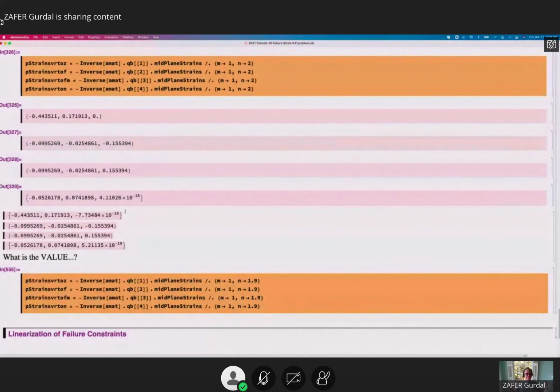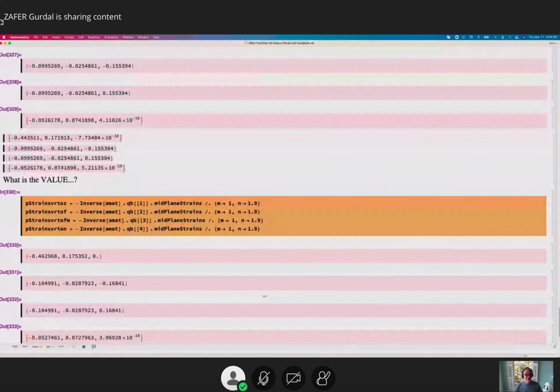So what's the value of what I do with these m's and n's? That is when m and n is not an integer value. In fact, I can compute the derivatives of the strains for, say, n equals 1.9 instead of 2. The traditional way will not allow you to do this.